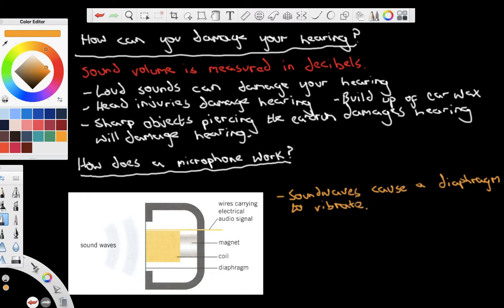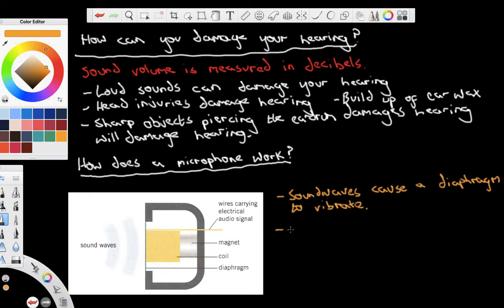When it does this, it causes an electrical impulse that is passed down some wires to a speaker so that the sound is amplified.